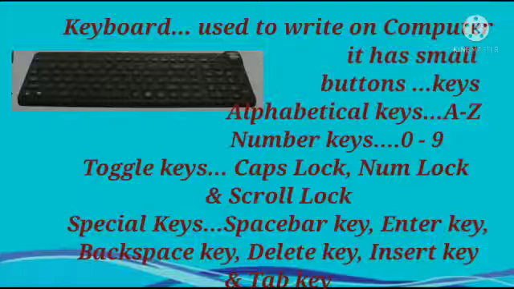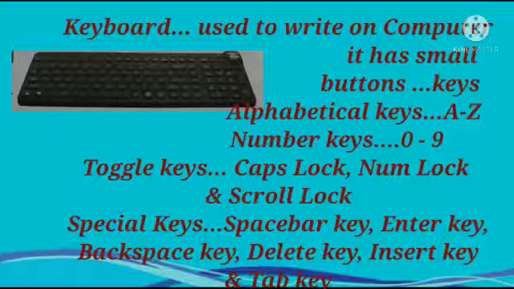We categorize the keys of the keyboard into various parts. The first are the alphabet keys, which are marked from A to Z. Next are the number keys. The number keys are marked with numbers 0 to 9.